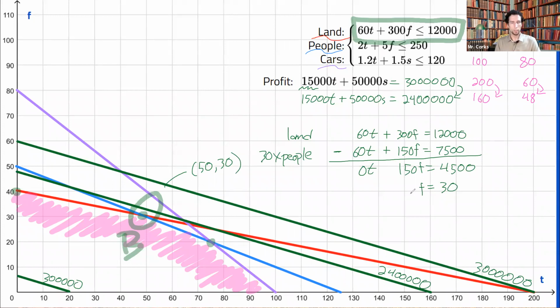Then for T, it's not very hard to figure out, but let's do that quickly. 2 times T plus 5 times F, which is 30, is equal to 250 here. So 2T will be equal to 100, so T is equal to 50.